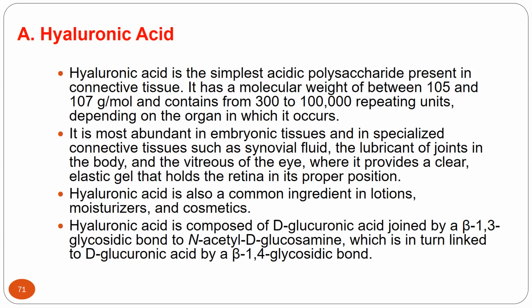So hyaluronic acid, again, as I mentioned, has glucuronic acid and N-acetylglucosamine joined by a beta 1,3 glycosidic bond. Between glucosamine and the next glucuronic acid, you have a beta 1,4 glycosidic bond.